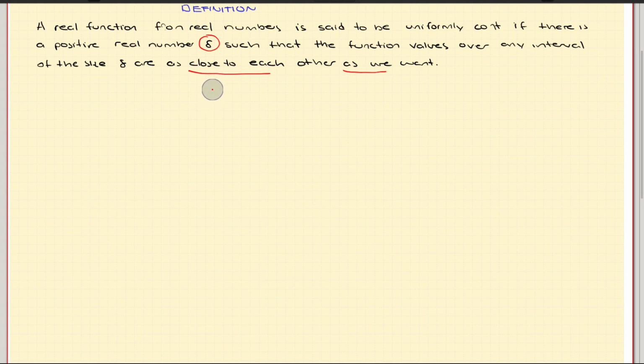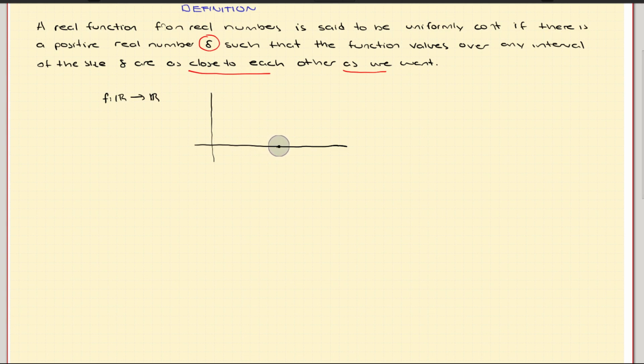But the meaning is that here we have a real function defined on real numbers, of course, a subset of these real numbers, and for any given epsilon, we wish the values of the function to be as close as epsilon if we take two elements from the domain that are apart at most delta.